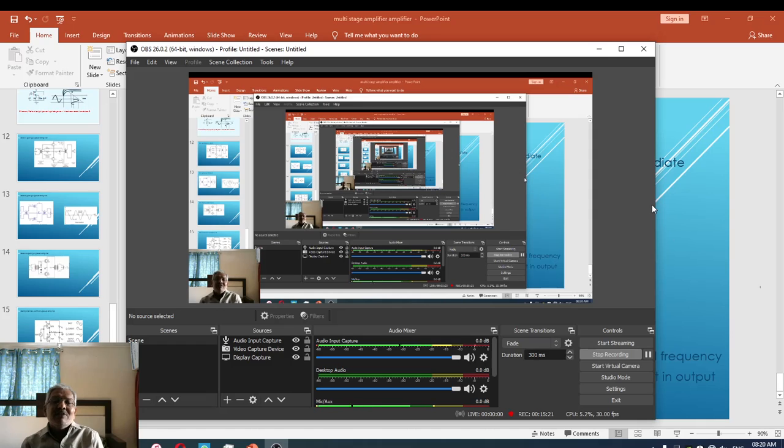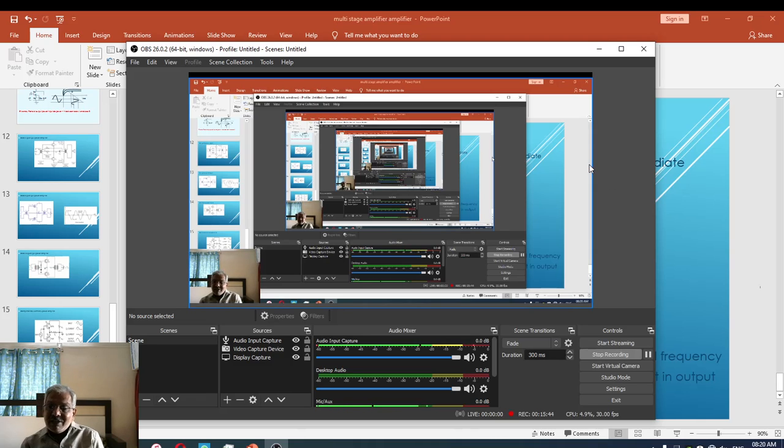Then we have studied FET as a common source amplifier along with its analysis. Then we have introduced the need of multi-stage amplifiers. We have studied the DC coupled amplifier, RC coupled amplifier, and also the transformer coupled amplifier, referred to as multi-stage amplifiers.